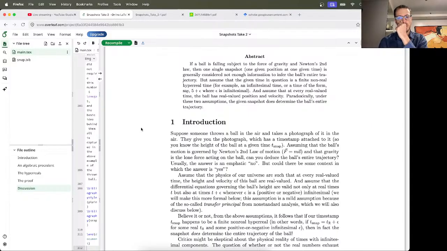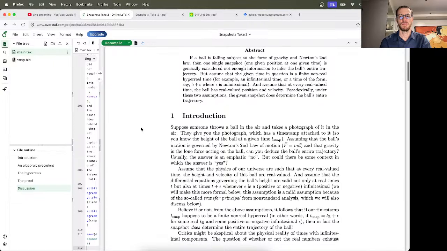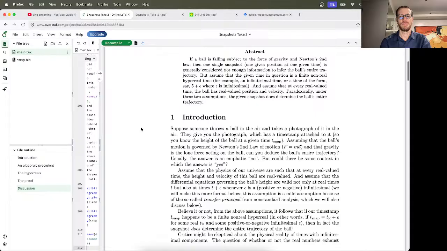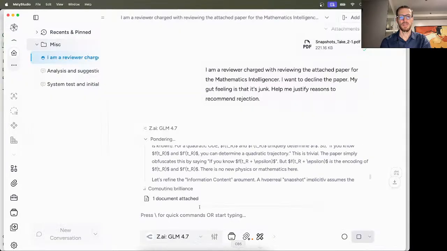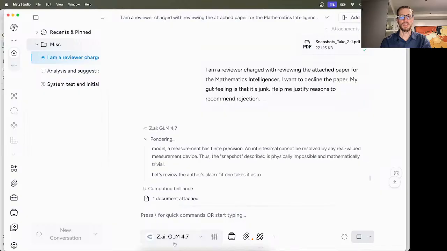But assume that the given time in question is a finite non-real hyperreal time, for example an infinitesimal time, or a time of the form, say, 5 plus epsilon, where epsilon is infinitesimal. And assume that at every real valued time, the ball has real valued position and velocity. Paradoxically, under these two assumptions, the given snapshot does determine the ball's entire trajectory. How's the AI doing? Still thinking.